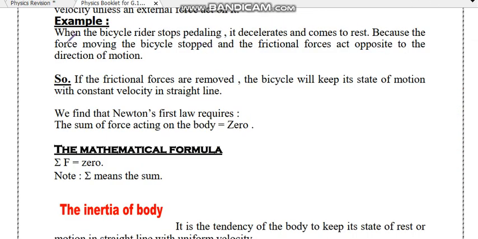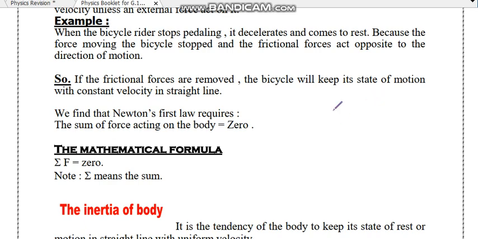When a bicycle rider stops pedaling, it decelerates and comes to rest. Why? When the rider stops pedaling, the force moving the bicycle stops. We stopped giving it force, and the frictional force acts in the opposite direction of motion. That will be the only force acting on the bicycle.